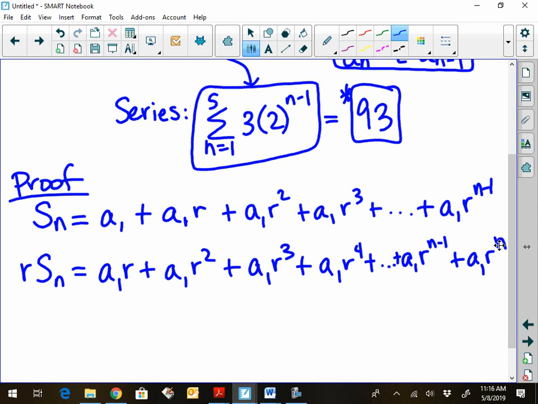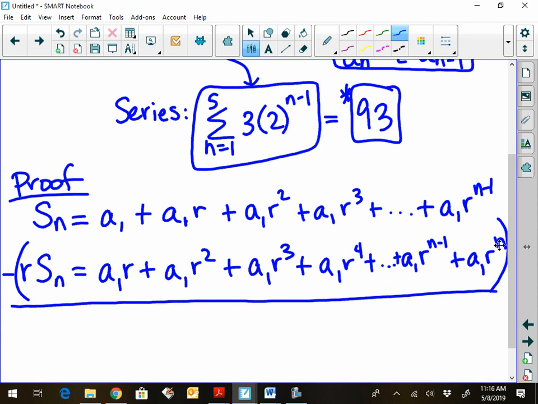So what I'm going to do with these is subtract them. I'm going to subtract this whole line, and we'll see what we get. So we have, on the left side, S of n minus r times S of n. And if we subtract the second line, then notice how we have a sub 1, so that stays, because we didn't move that at all.